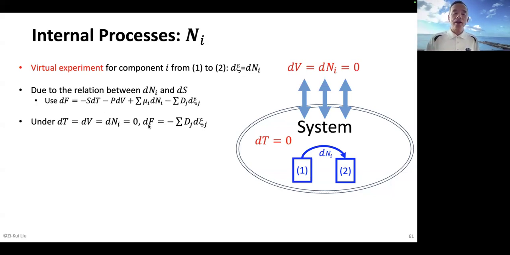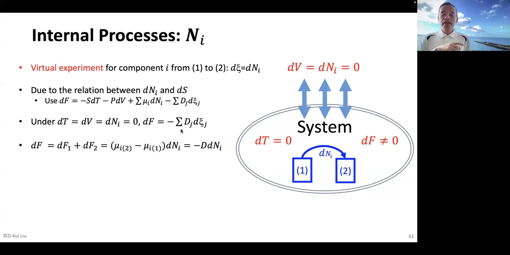The internal homogeneous energy change will equal the summation of the entropy reduction of all the independent internal processes in the system. So now we do the internal process to move component i from region 1 to region 2, dNi, under this condition of no exchange of mass and no exchange of volume between the system and the surroundings, and the same temperature.